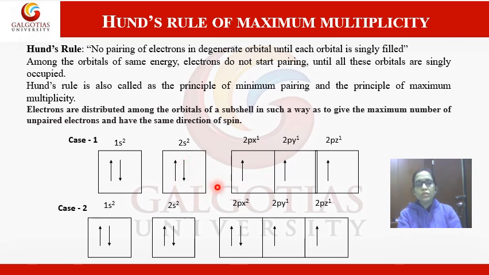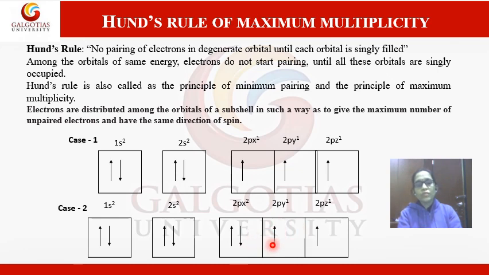Similarly, suppose there are 8 electrons, that means oxygen. The oxygen configuration is 1s2, 2s2 and 2p4. The 1s2 and 2s2 are filled like in the nitrogen atom. The 2px, 2py and 2pz orbitals of the p subshell have the same energy. So how do we put the electrons in these orbitals?